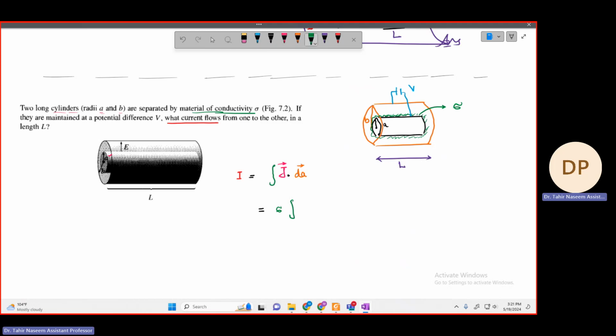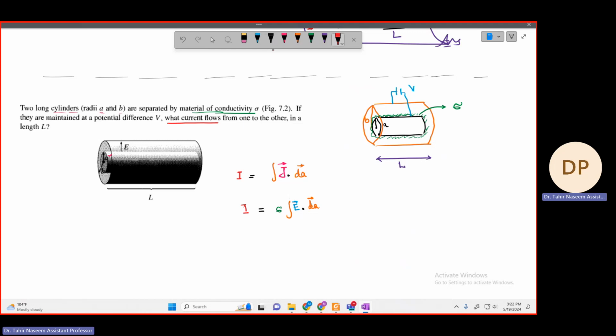Sigma is constant, so let's take it outside. So I is equal to sigma times the integral of E dot dA, and this is our current. So only if I know E, I can find I, right? So how can I do that?